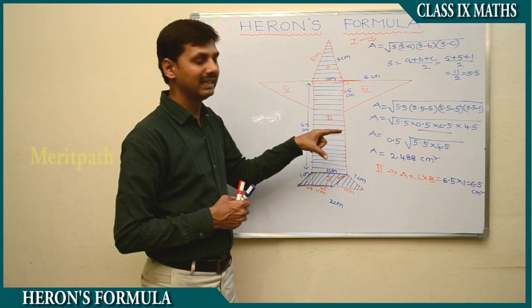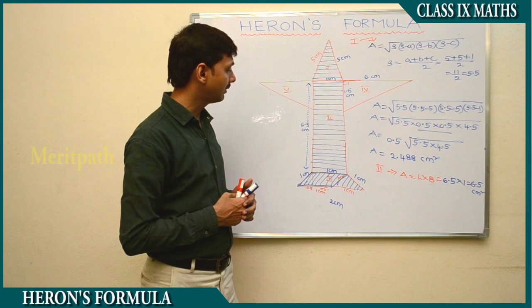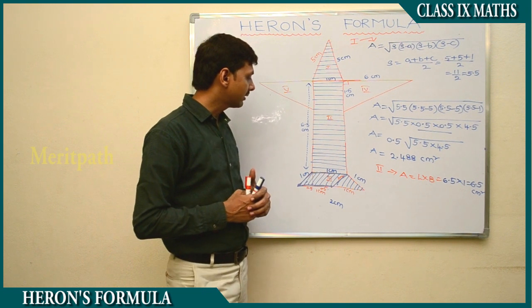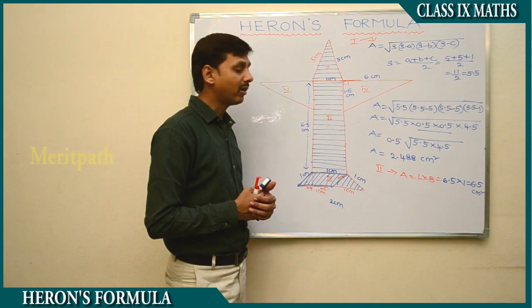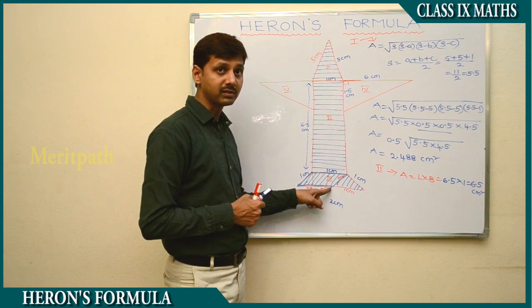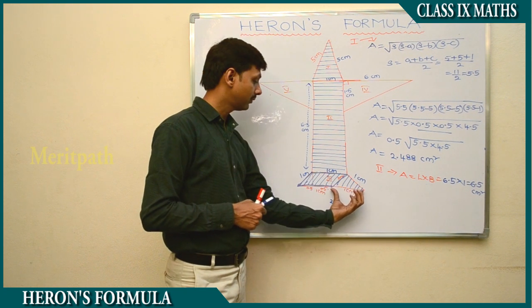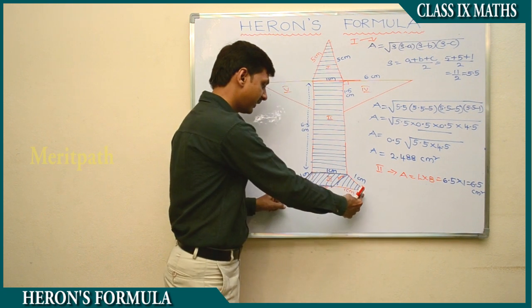So the first and second we got. Let's find out the third one. We have already discussed it. Let's draw a line to the midpoint of the opposite side. From here to here this is 1 centimeter. This is a midpoint we have taken for the 2 centimeters.